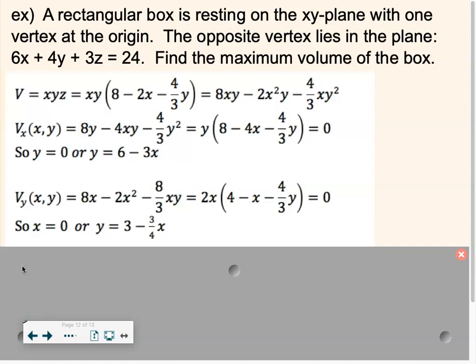What was your x? 4/3. Ian in the back, did you get an x value for your critical point? Not yet. Do you need some help? We plugged in the critical values. Vikram, did you get a critical point? Yeah, 4/3. All right.